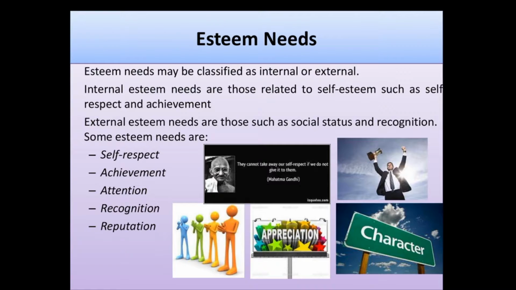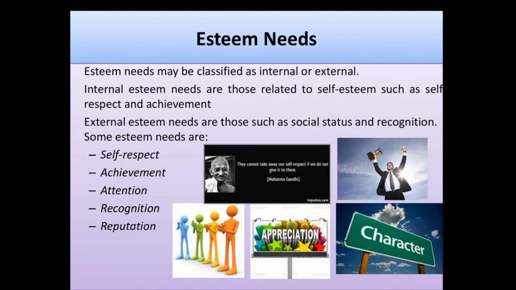Actually, I want to be recognized in society, so I should have a very good reputation among the group. Then everybody should pay attention to you, you should achieve something, achievement should be there in our life, and you should have self-respect and status. Everything here you will be looking for.